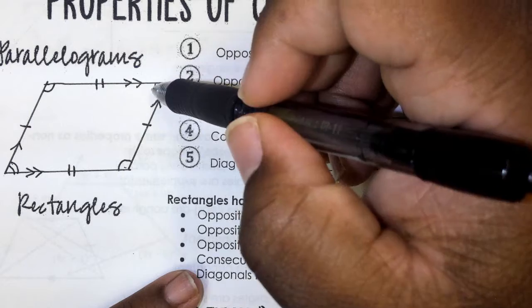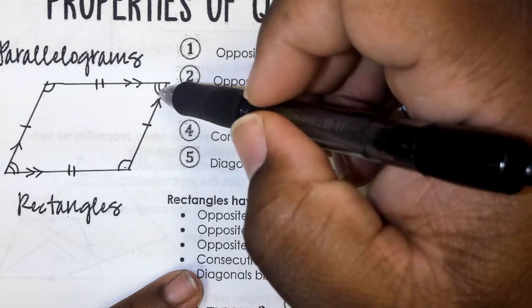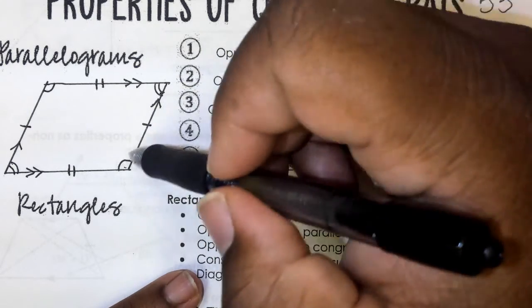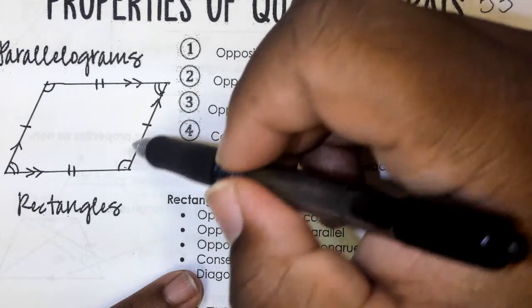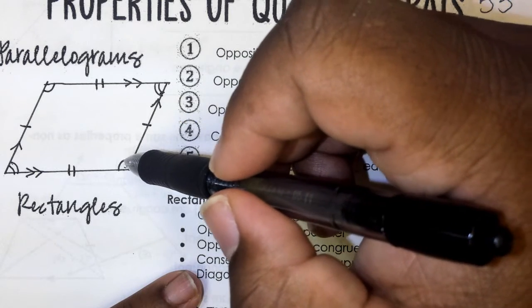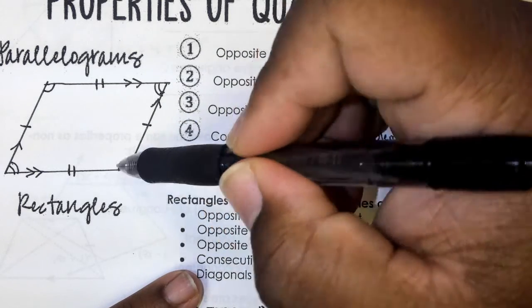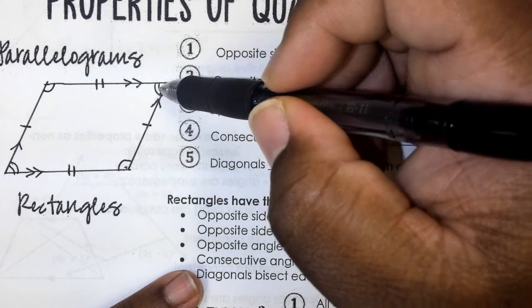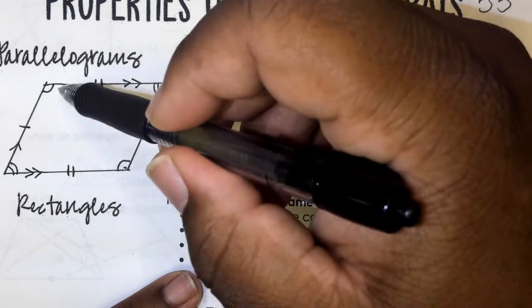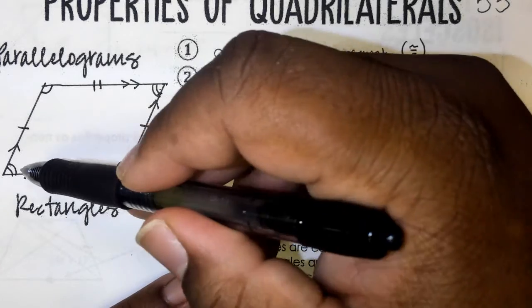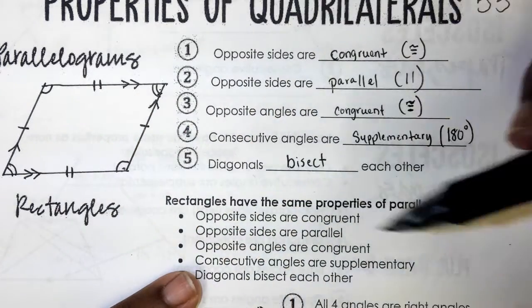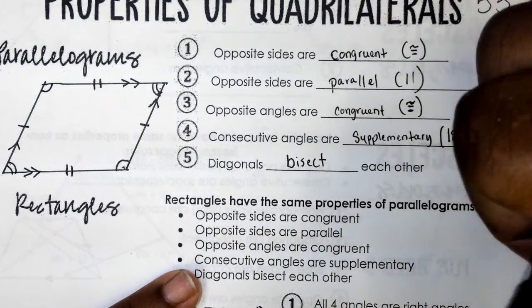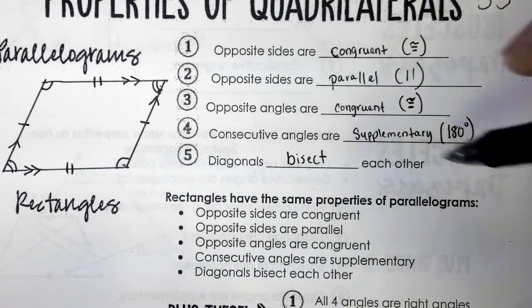You got consecutive all the way around. The two angles that are on the same side of any line in parallelograms are supplementary. So this angle and this angle add up to be 180. This angle plus this angle will be 180. This angle plus this angle will be 180. This angle plus this angle will be 180. All the way around. Consecutive angles in a parallelogram are supplementary to each other.